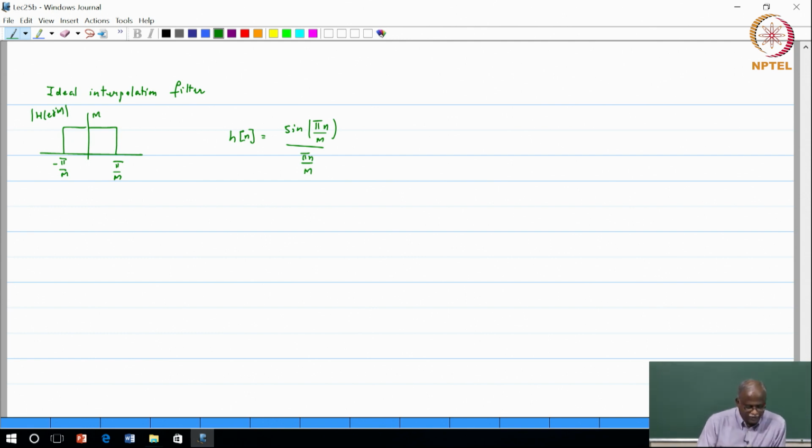Now, did we say something about the polyphase components of these ideal filters? Any observations that we had made? I believe we had made an observation about the polyphase components.